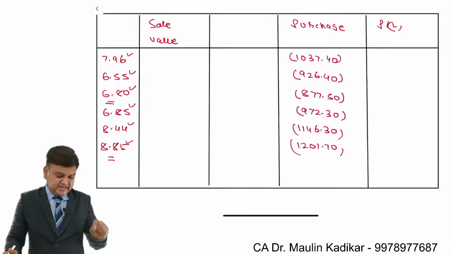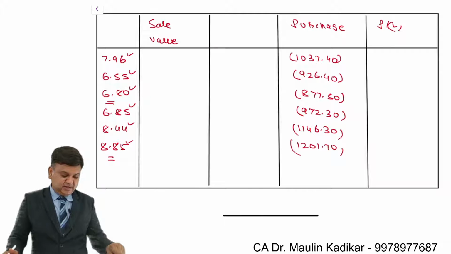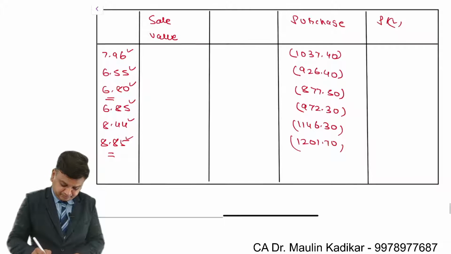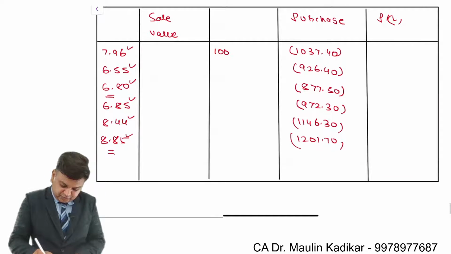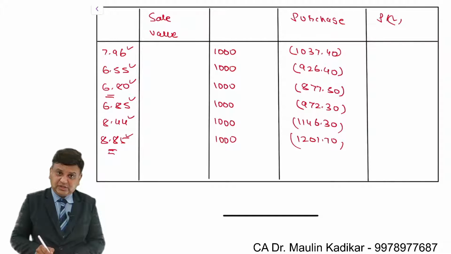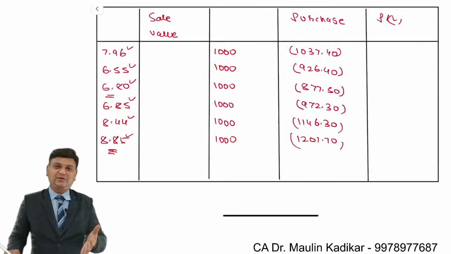You can see that lastly the question says recommend the security that should be delivered by XYZ Bank if the future settlement price is 1000. Future settlement price is 1000. So will I get 1000 irrespective of the security that I deliver? No. If I deliver good security, my sale value will be more.